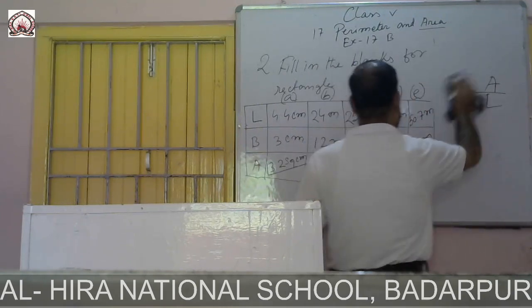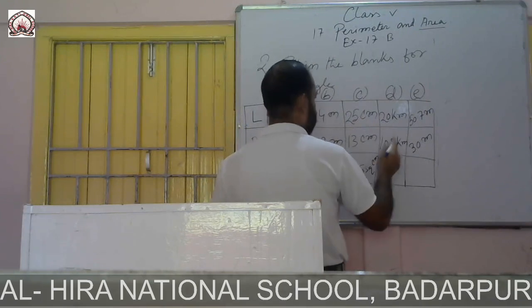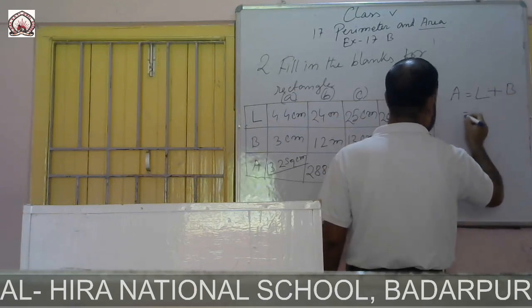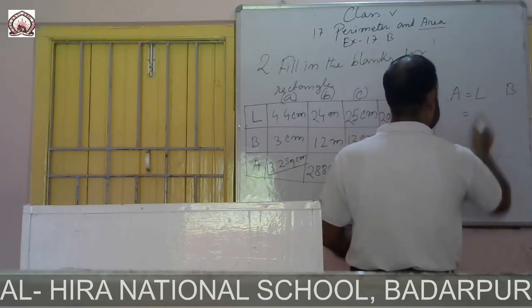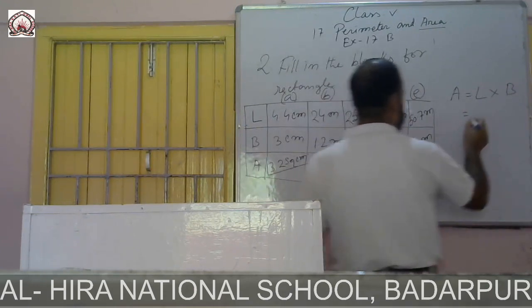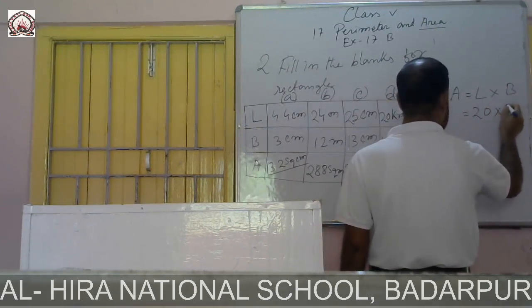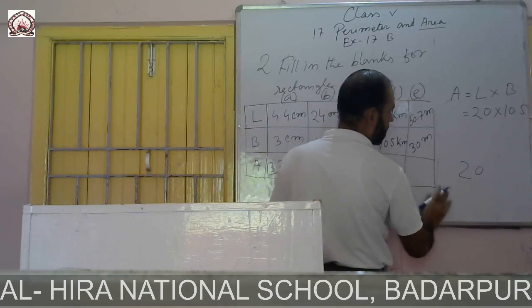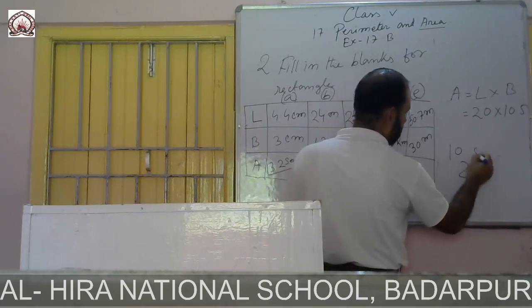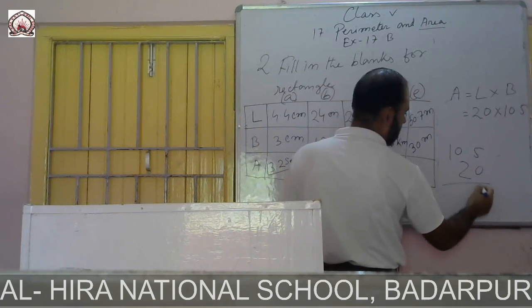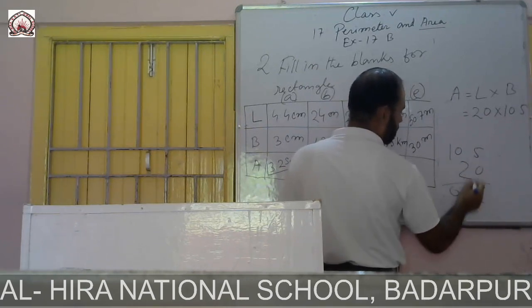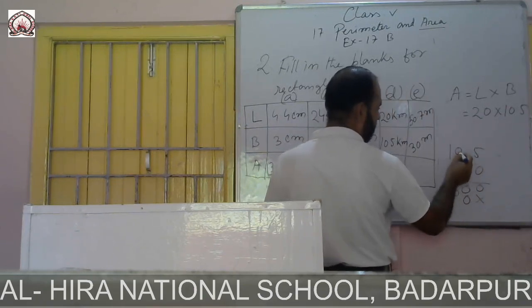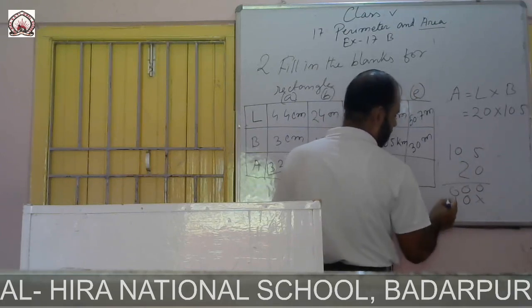Next we take out area. Area equals length into breadth. Here 20 into 10.5, or 10.5 into 20. 0 times 5 is 0, 0. 2 zeros are 0, 1. 2 ones are 2.